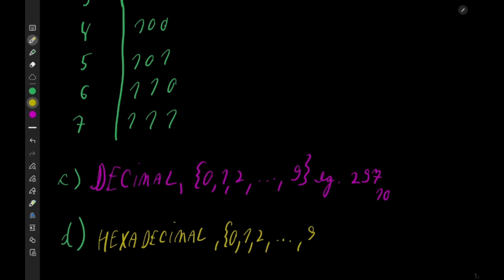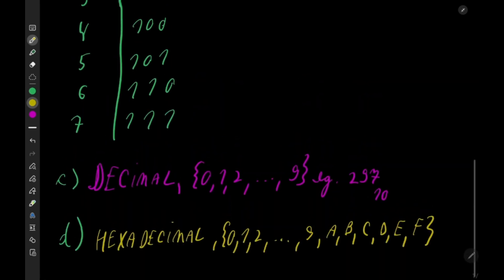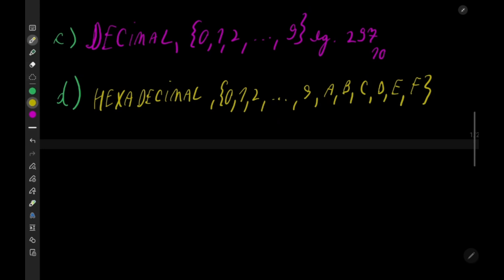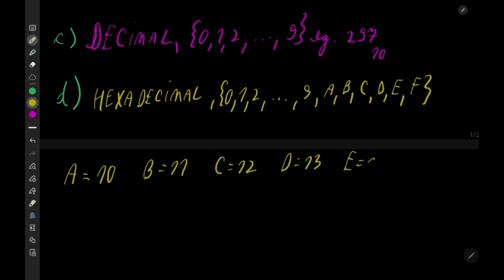So we have 10, which is going to be written as A, 11 as B, 12 as C, 13 as D, 14 as E, and 15 as F. So A means the number 10, B means the number 11, C means the number 12, D means the number 13, E means the number 14, and F means the number 15.